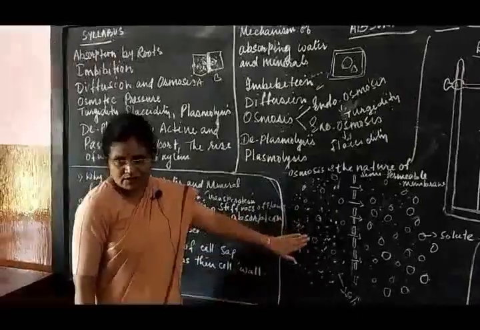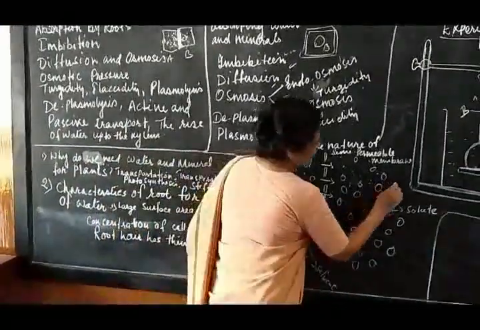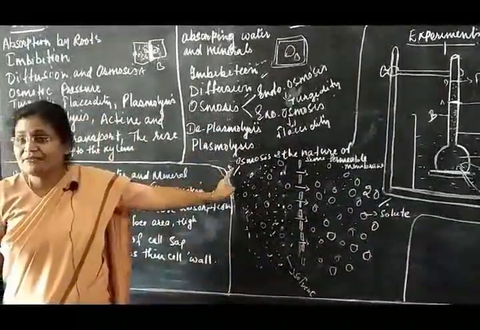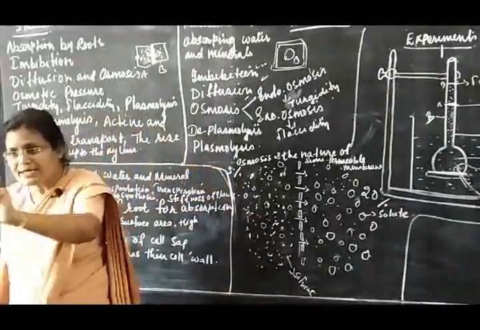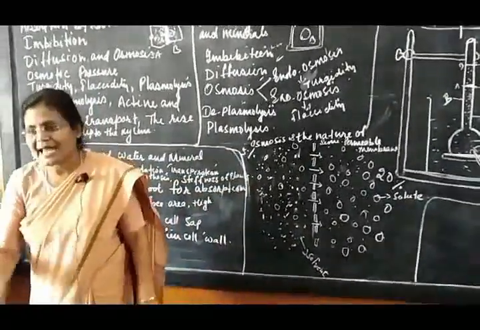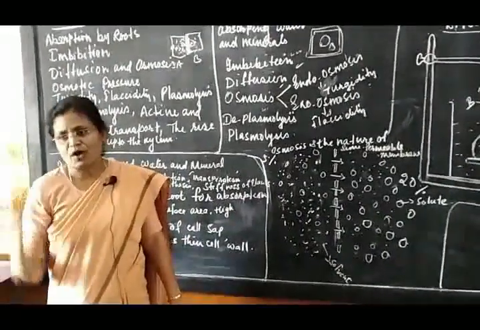Now here you have salt solution, this side 5% salt solution and this side 20% salt solution, meaning you have dissolved 5 gram of salt in 1 liter of water. The 5% refers to 5 gram of salt dissolved in 1 liter of water.